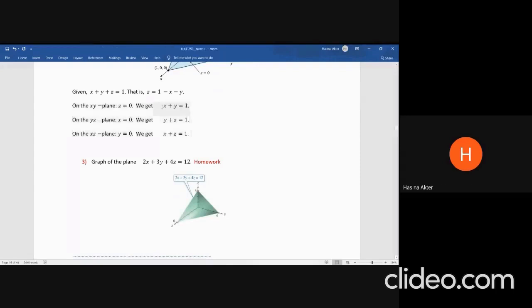So this is the line, the intersection between the given plane and the xy plane. This line is the intersection of the given plane with the YZ plane. And this is the intersection of the given plane with the XZ plane.